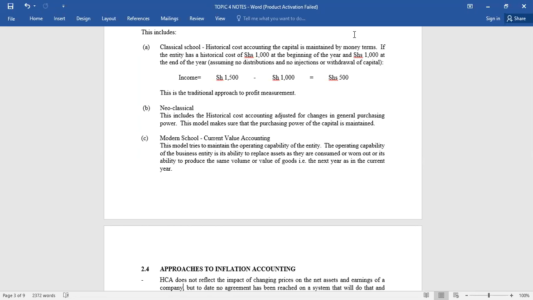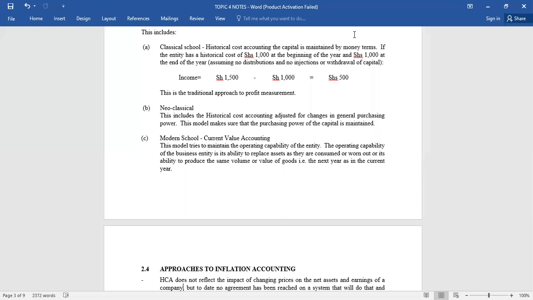In the neoclassical, not old, not new, it includes historical cost accounting, but accepts now the adjusted changes. And this is what we now call the general purchasing power.